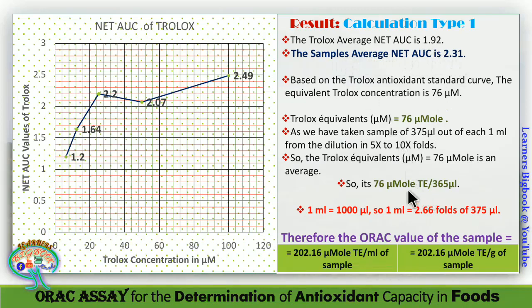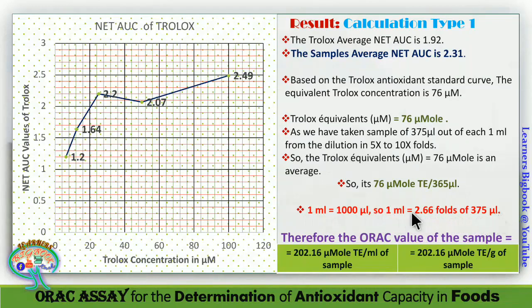So 76 micromole Trolox equivalent per 365 microliters, and 1 ml is equal to 1000 microliters. So 1 ml is equal to 2.66 folds of 375 microliters.